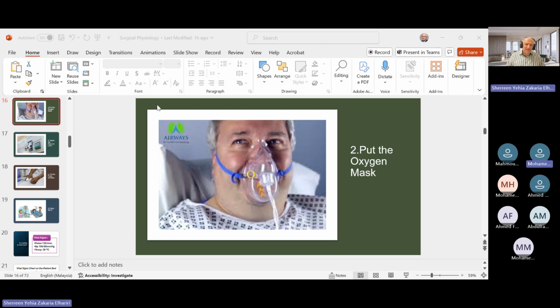Usually, the oxygen cylinder is 100%, but the cylinder is on the first floor in the central station, and the patient is on the second floor. Before reaching the patient, the oxygen mixes with air in the pipe system, so it reaches the patient at 60 to 70%.